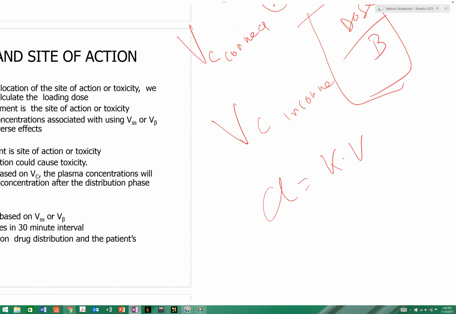And you also know how to calculate dose. We know that V is equal to dose by C0.